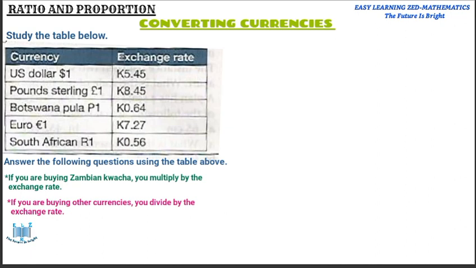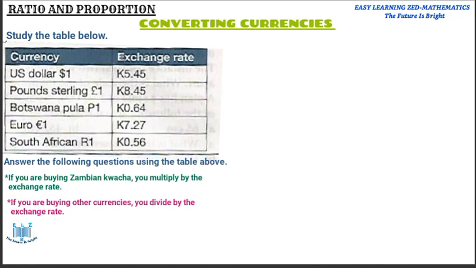So when you are buying other currencies, you divide by the exchange rate. When you are buying Zambian kwacha, you multiply by the exchange rate. That is what you need to bear in mind.